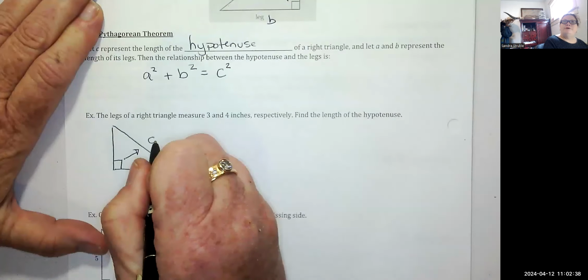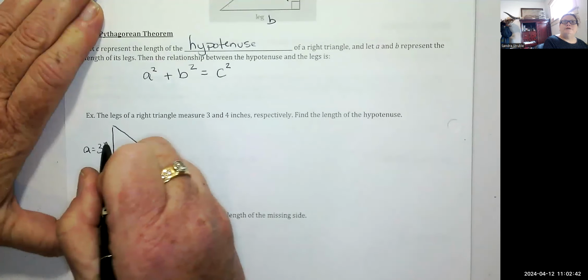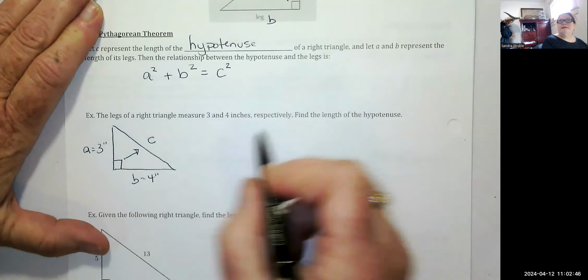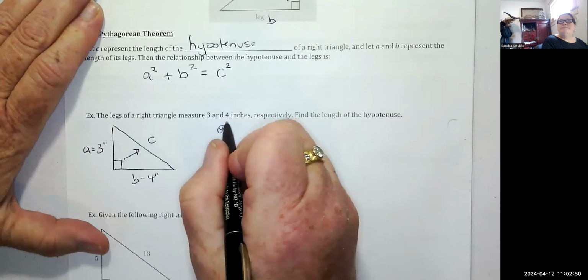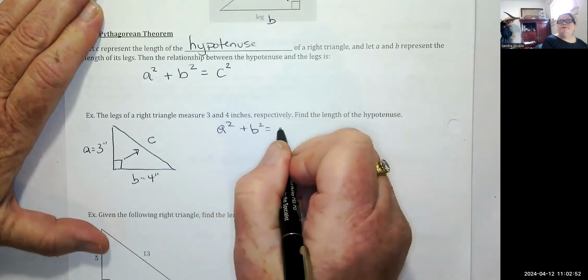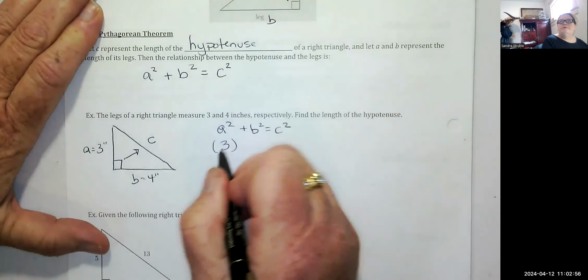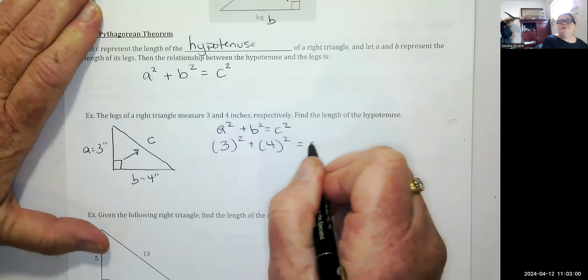So this is my hypotenuse, which means I've got one leg that measures 3 inches and another leg that measures 4 inches. I could have put them in opposite directions, but it doesn't matter. What matters is the C. So A squared plus B squared is equal to C squared. If A is 3 inches, we're going to square it. B is 4 inches, we're going to square that. It's going to equal C squared.